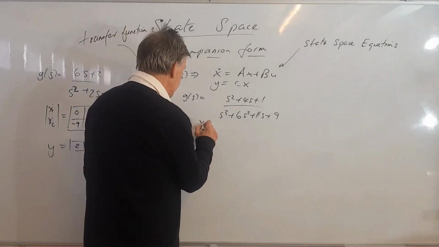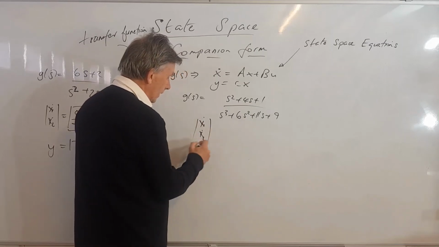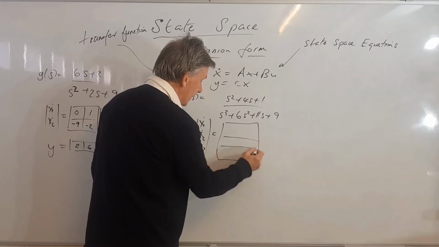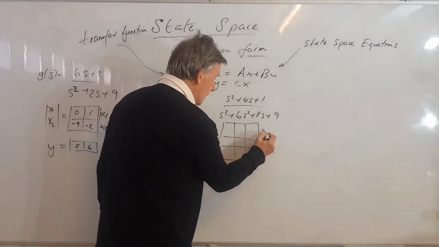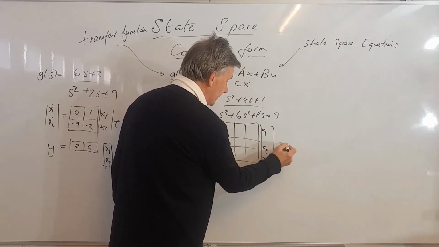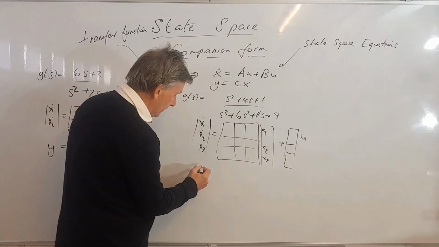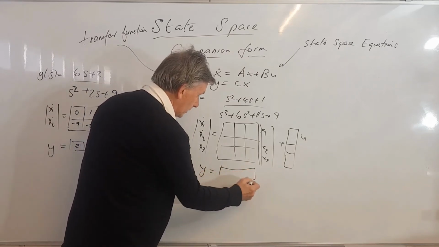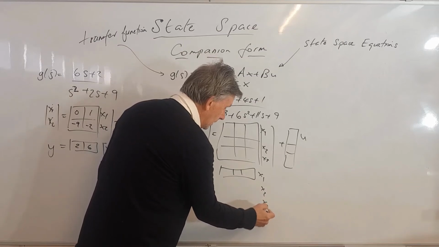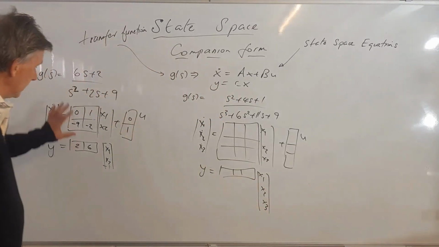So it's going to be x1 dot, x2 dot, x3 dot, and this time have a 3 by 3 matrix times x1, x2, x3 plus something times u, and y will equal something times x1, x2, x3. So it's a similar technique to this.